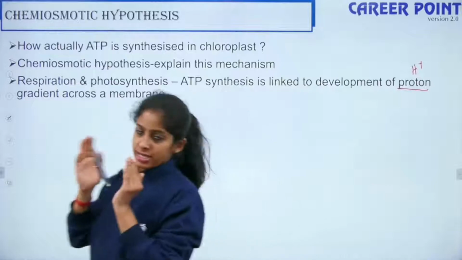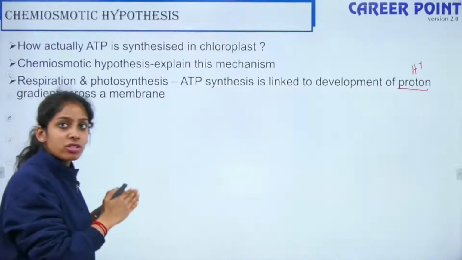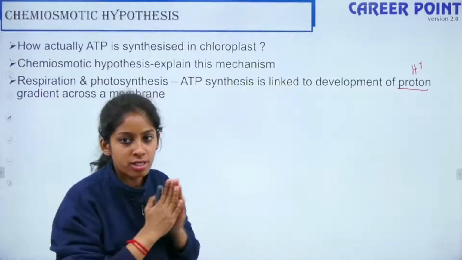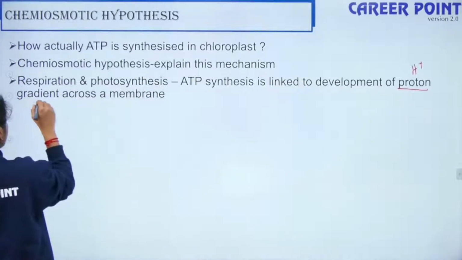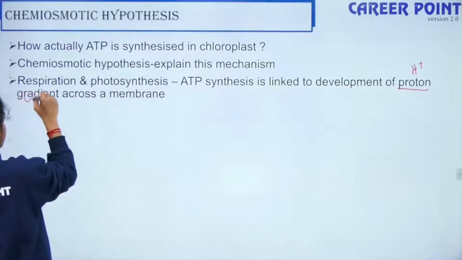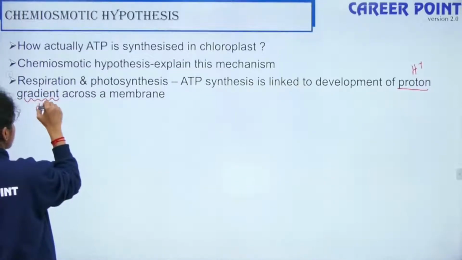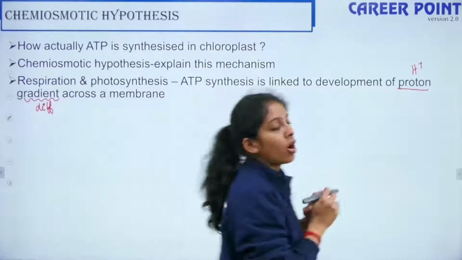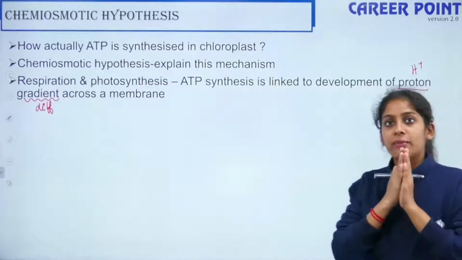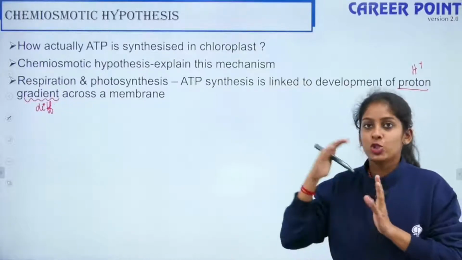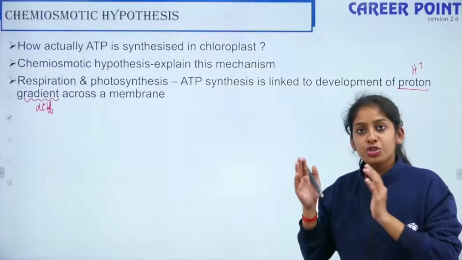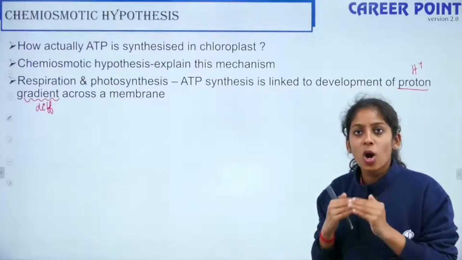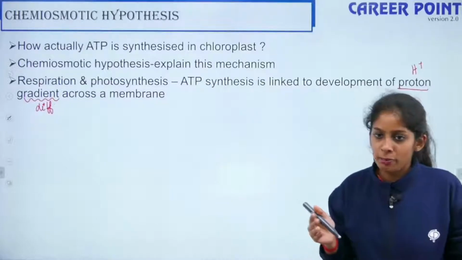Gradient means difference: in one place there is a high concentration of protons and in another place a low concentration of protons. That is a gradient. So whenever we talk about the production of ATP, there should be protons, and that proton should form a gradient. Then that gradient should break. That is what leads to the synthesis of ATP molecules.